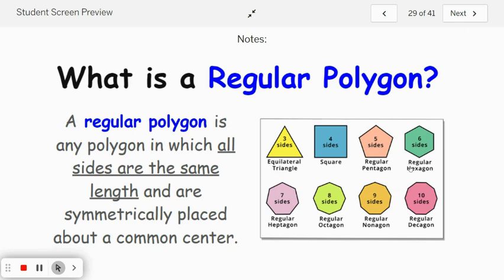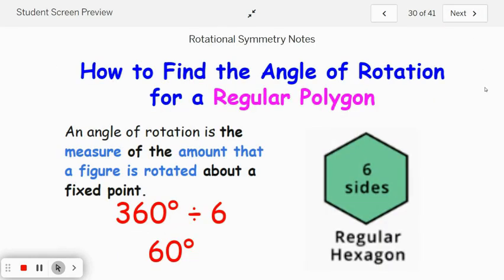These others just require we put the word regular in front, but what we're saying is that just by putting the word regular in there, all the sides are the same, all the angles are the same. Okay, so how do you find that angle of rotation? Well, the angle of rotation is the measure of the amount that a figure is rotated in order to get the same figure. Because I have a regular hexagon, I could rotate this 360 divided by 6, because there are 6 sides in a hexagon.